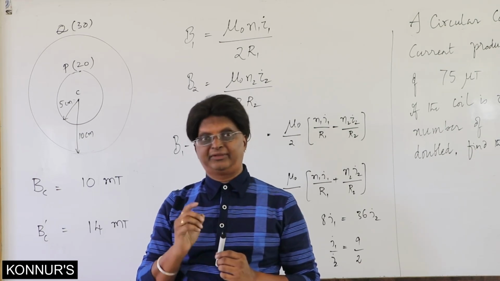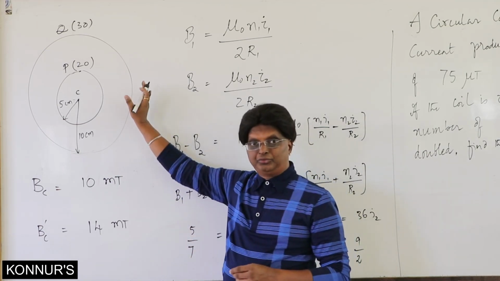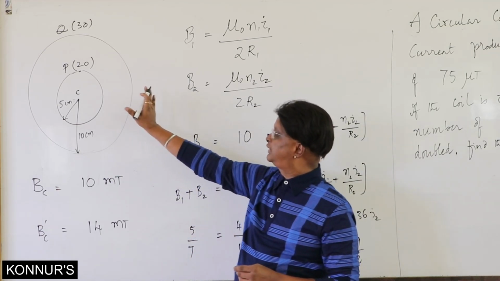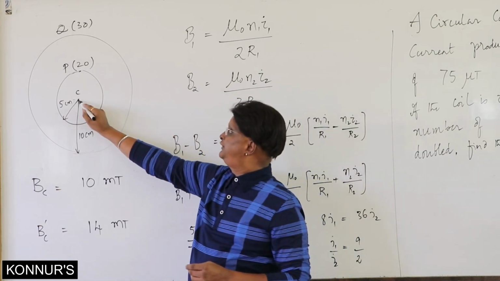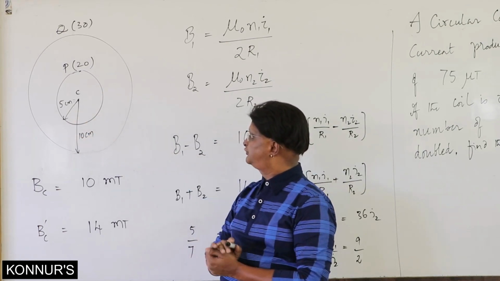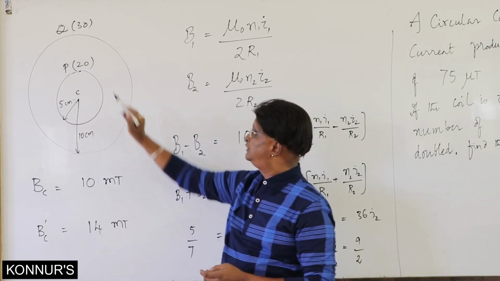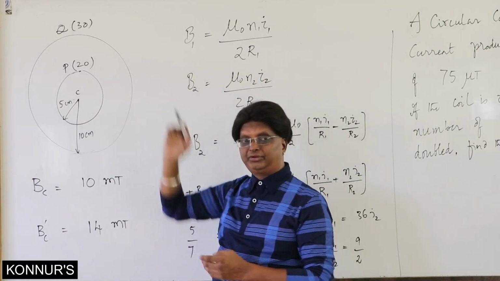Now, one or two simple examples. To begin with, I have shown an example where P and Q are concentric coils, circular coils with a common center. The data is: radius of P is 5 cm, radius of Q is 10 cm. Number of turns in P is 20 and Q is made up of 30 turns.